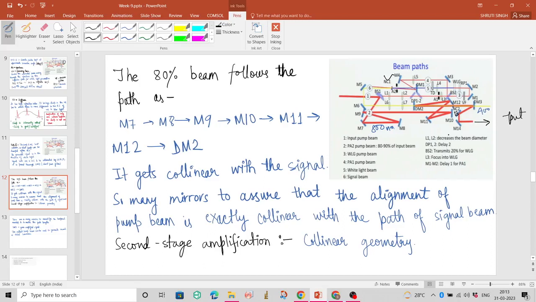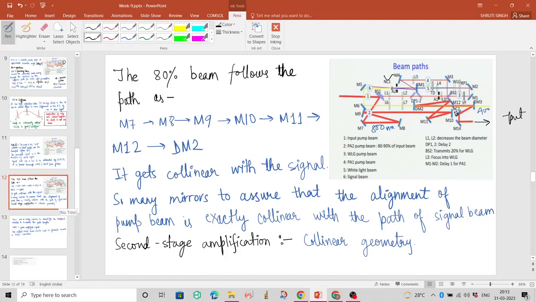So this pump beam, it is again pump, so we can use it further, like here we can keep one more setup for second harmonic generation or third harmonic generation as we need. So that was the path or the whole instrumentation of the optical parametric amplifier, the TOPAS.